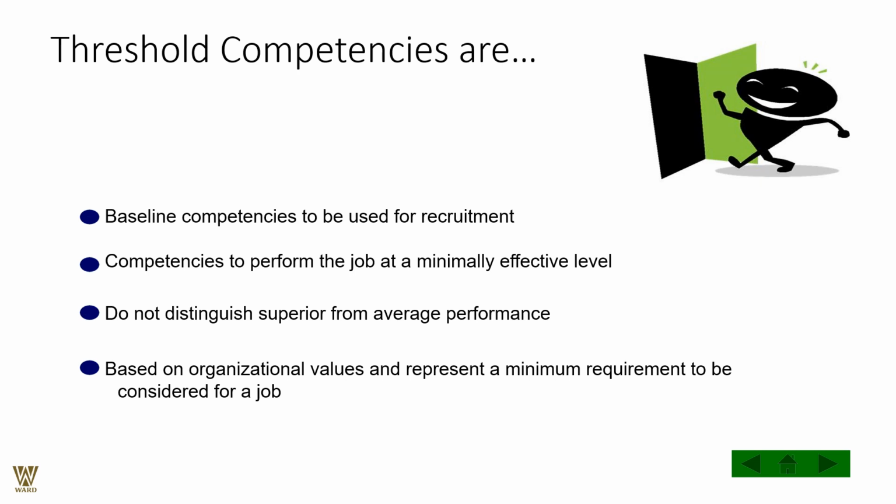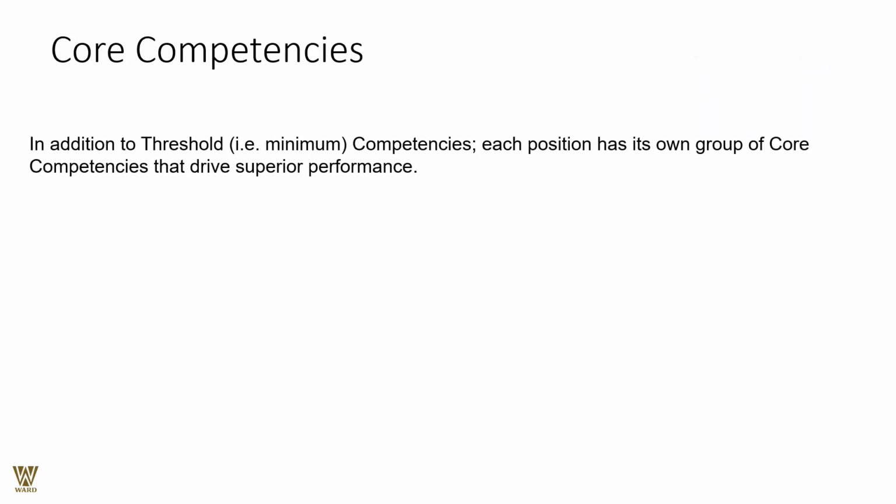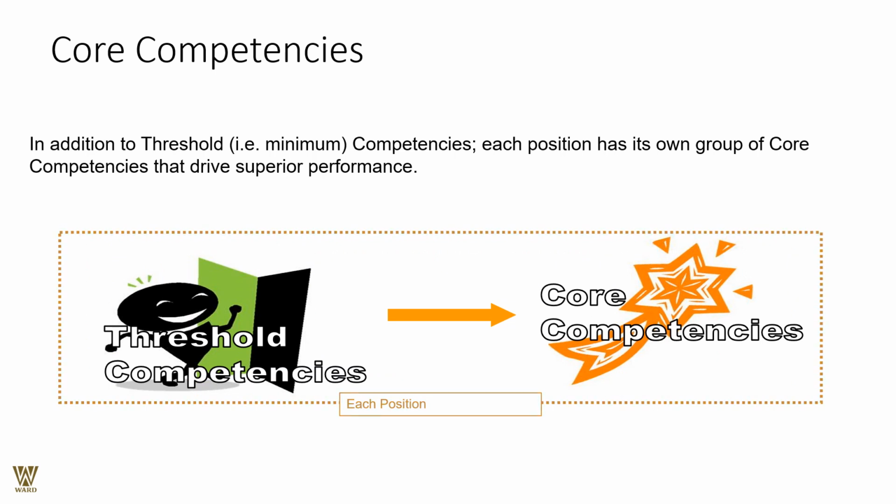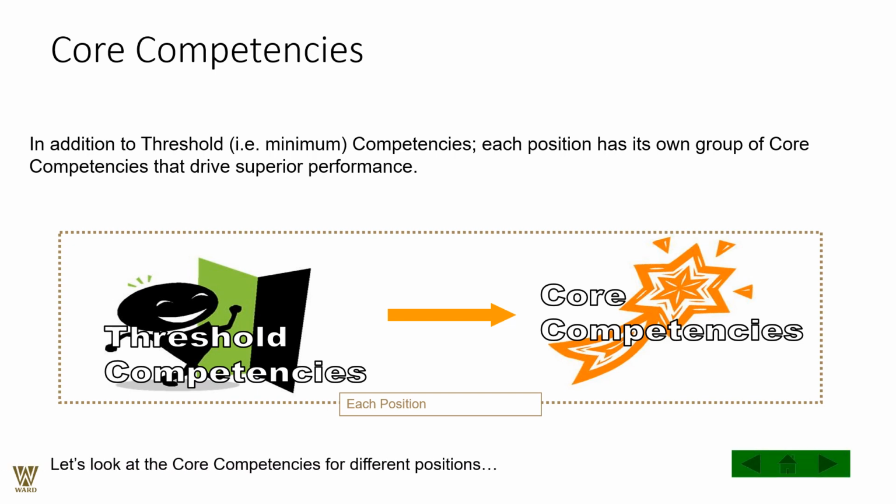They are based upon organization values and represent a minimum requirement considered for the job. On the other hand, core competencies are the competencies that each position has to have, beyond the threshold competency, that will drive superior performance. Remember, threshold competencies are particular for each position because they become essentially part of your core competence.